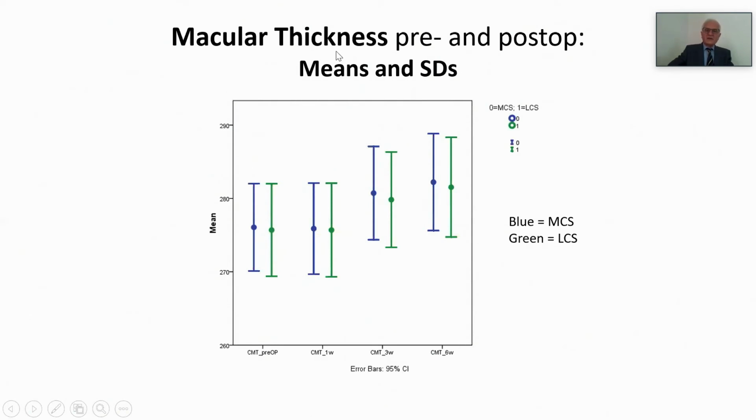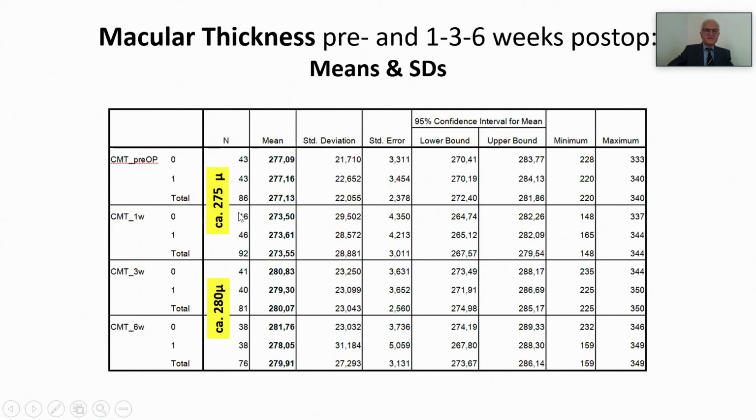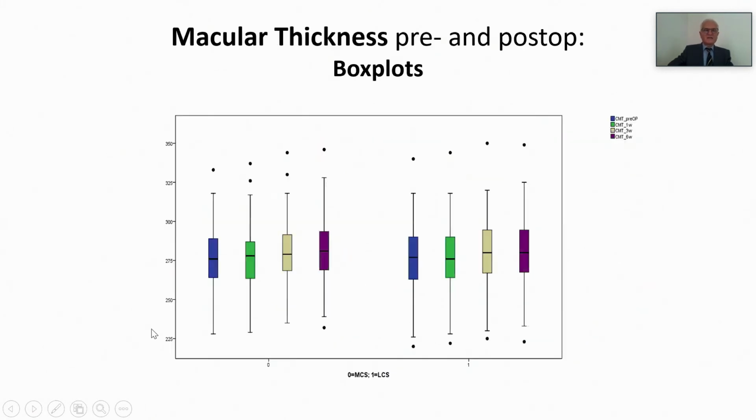Regarding macular thickness, means and SDs, you see here that both groups were essentially the same. There was no statistical difference. You can see here the thickness was 275 microns in the means pre-op and 1 week post-op, and 280 at 3 weeks and at 6 weeks.